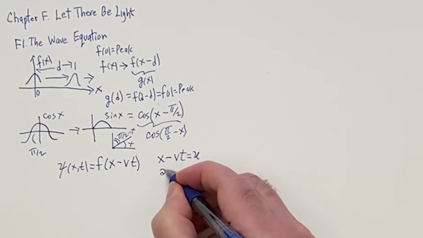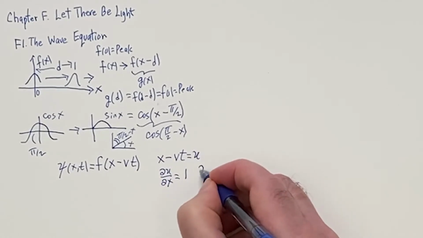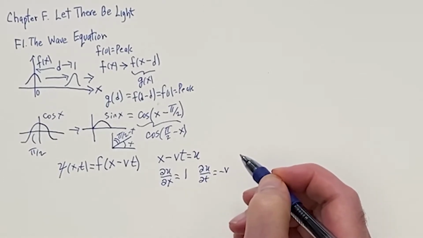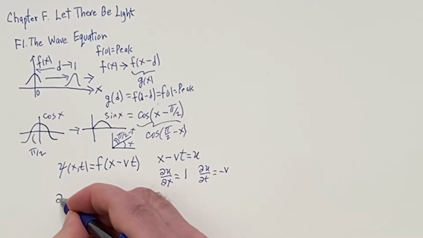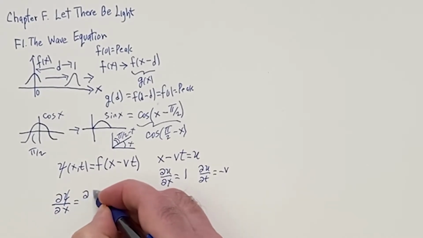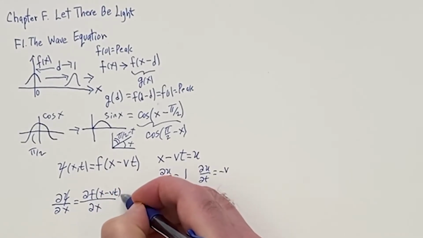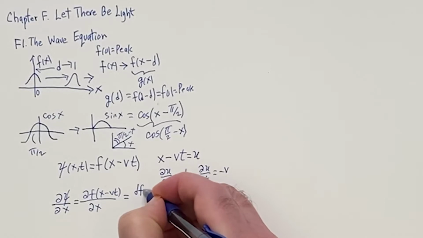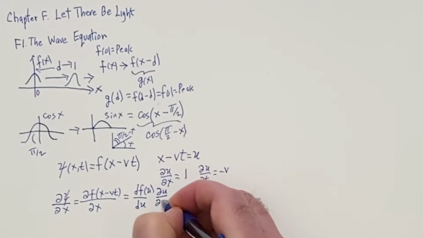Now the partial of u with respect to x would be 1, and the partial of u with respect to t would be minus v. So you could doctor this up so that we have a differential equation that will work. For example, if you take the partial with respect to x, you would have the partial of f with respect to x, and then I would use the chain rule and say this would be df du, and then the partial of u with respect to x.